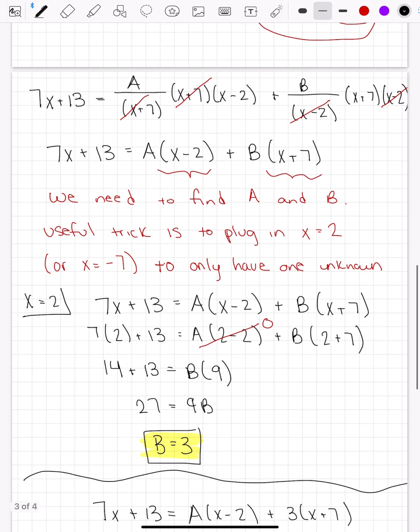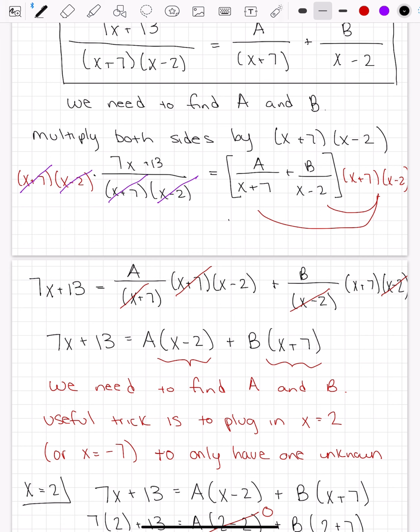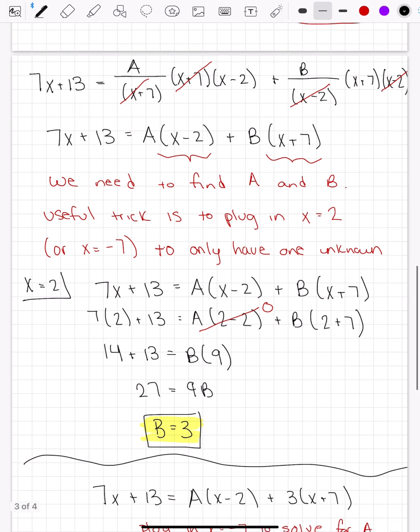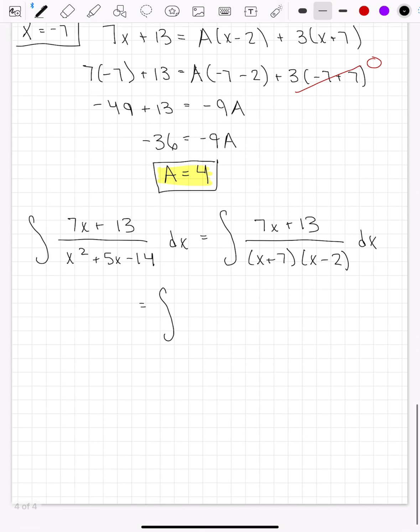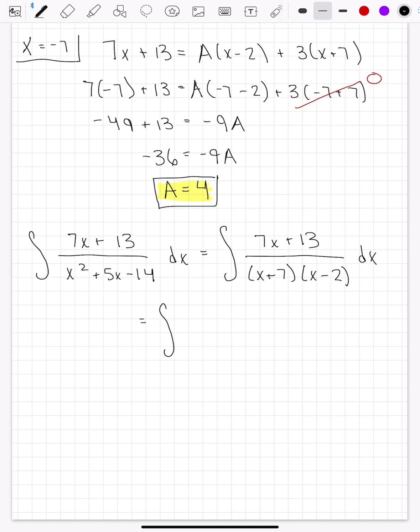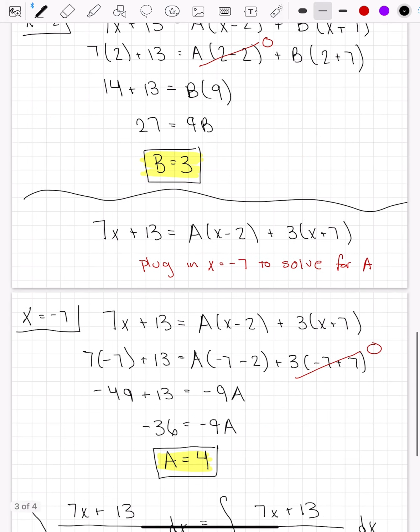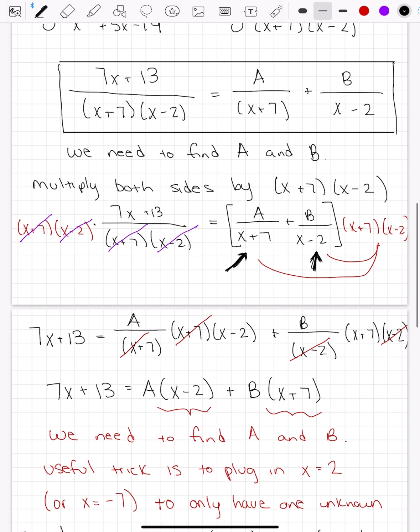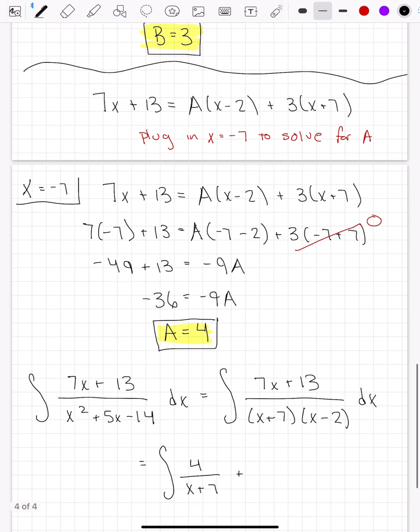Make sure that you keep how you set up your A over the x plus 7. You have to make sure you plug in A in there, and that you plug in capital B in here. You don't just flip-flop which one is capital A and which one is capital B. So capital A is 4, and that was over x plus 7, plus capital B, which was 3, over x minus 2.